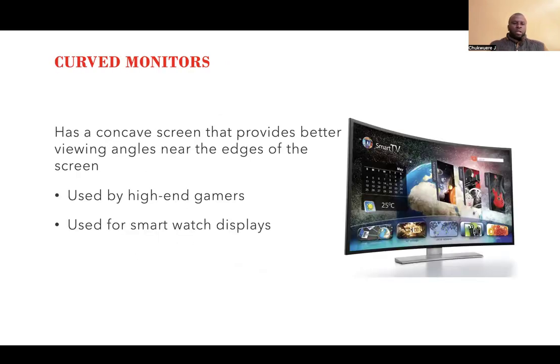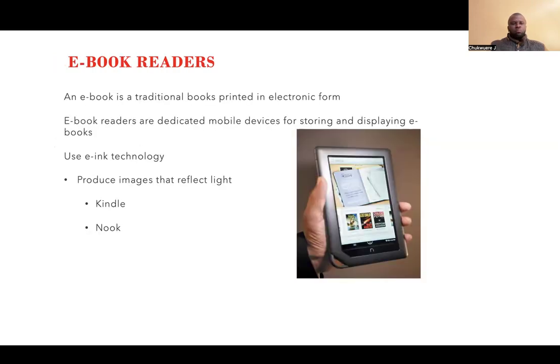Okay, we have also curved monitors, which have a concave screen that provides a better viewing angle near the edge of the screen, as you can see. It gives more clarity, more viewing angles and everything, as you can see on the screen. We have also another output, which is the ebook reader. It's a traditional book printed in electronic form.